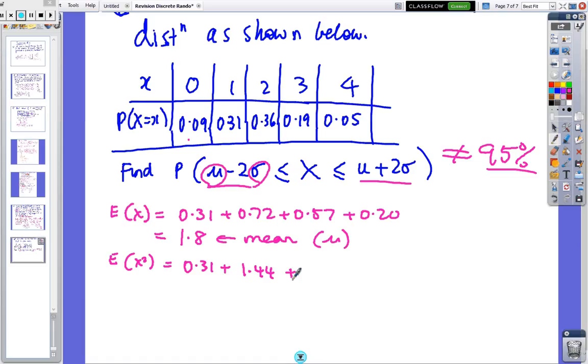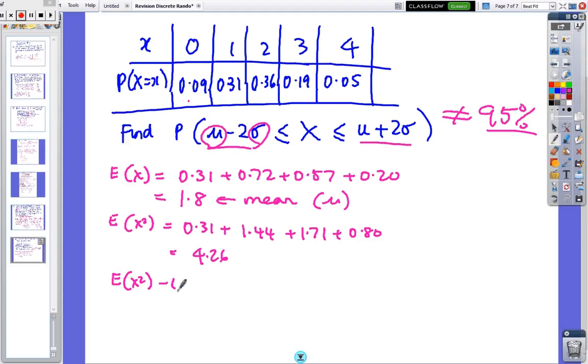That's not right, I got a wrong answer on my calculator. 1.71, and 16 times 0.05 is 0.8. So add those numbers up. We get 4.26.